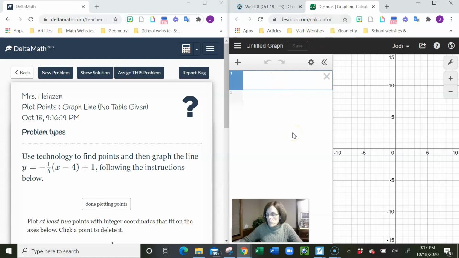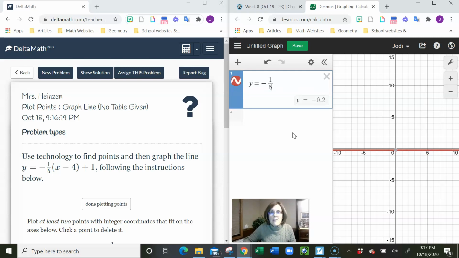So I'm going to type in y equals -1 divided by 5, and then notice I have to use the arrow over button so that I get out of the denominator. And then I'm going to do x minus 4. Notice how it's graphing as I go, plus 1.